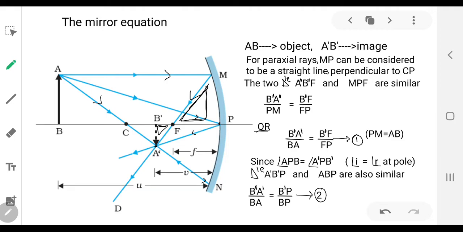In these two triangles, angle B and angle P are right angles, and angle F here and angle F there are opposite angles, so they are the same. If two angles are the same, the two triangles are similar triangles, and then the ratio of their sides should be equal.